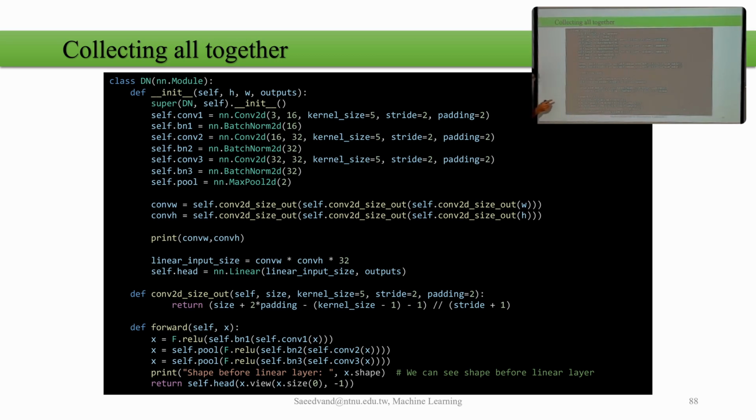What we need to do, we say, okay, I have x equal to F. F comes from the library. I didn't show it here, but we'll show you in the code. It comes from importing the library. F.relu, I want to apply the activation function relu on self.bn1. What is bn1? Batch normalization layer 1. I want to apply relu on this batch normalization layer 1, which is the output of self.convolution 1 on the x.